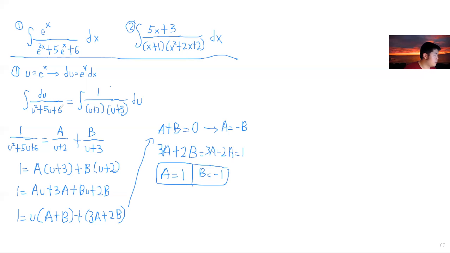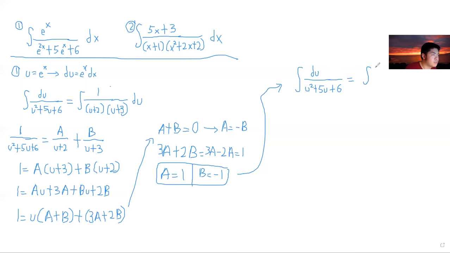All right, so based on this, that means du over u squared plus 5u plus 6 is equal to 1 over u plus 2 minus 1 over u plus 3.